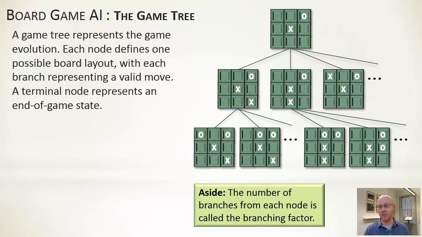So here we have X's and O's, and at the top we've got X in the center and an O up in the top right. It's X's go, we're assuming here, so the next row we would show all of the different moves that X could make. And then underneath that we show all of the moves that O could make. So we're, if you like, etching out how the game can evolve.